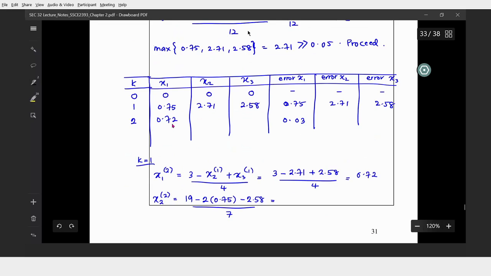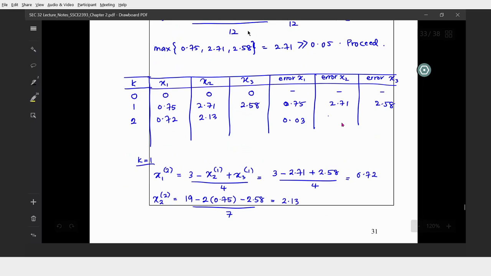So with this one, you have 2.13, in 2 decimal. So you can compute straight away 2.13 minus 2.71. So you get the error for x2. So the error here is 0.58. Is it?